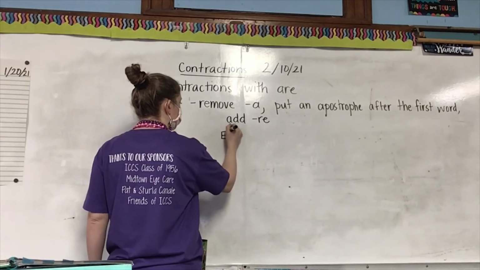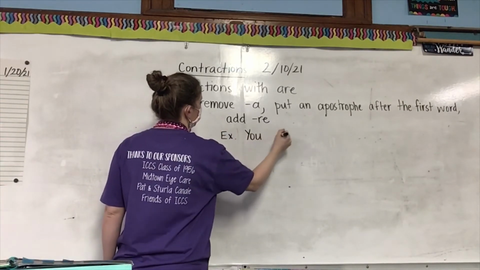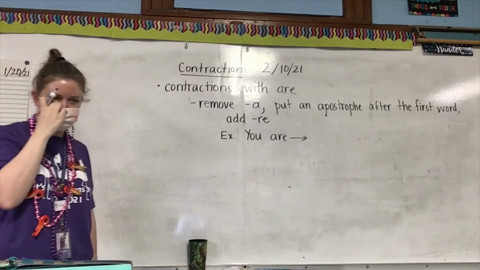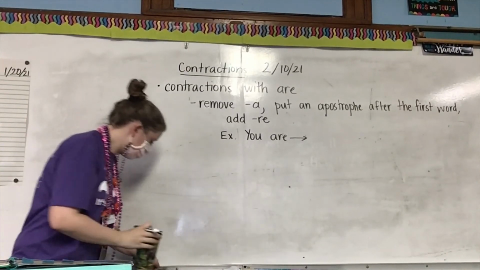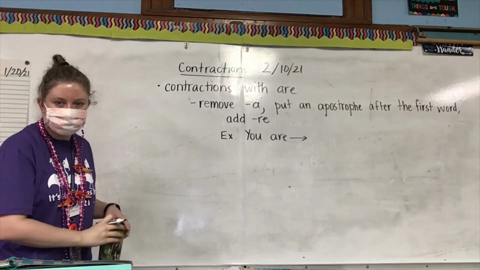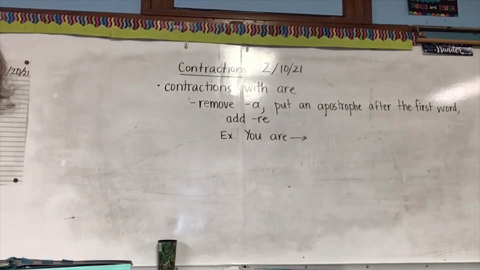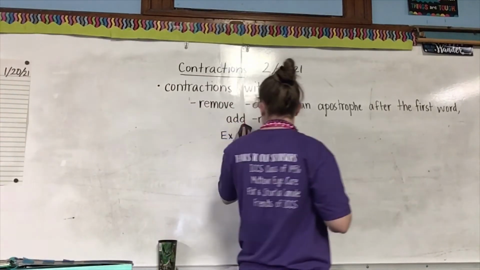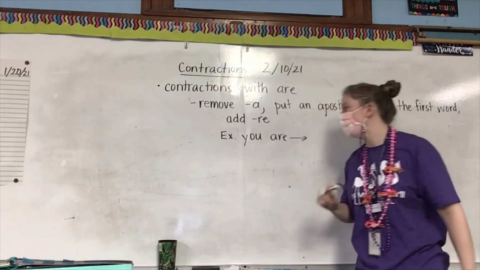For example, you are becomes what, Michaela? You're. How do we spell that? I don't know why I made this capital Y. I don't want that to be capital. So lowercase it if you also made it capital Y. I was confused.